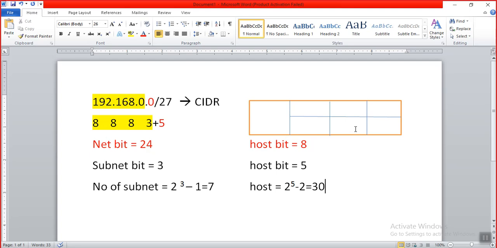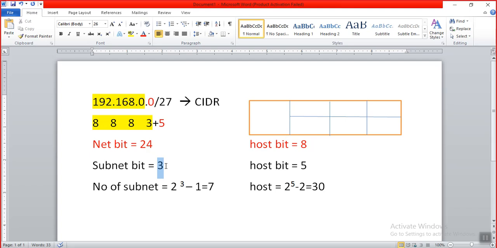So these 7 different rooms are 7 different subnets. Previously it is only one network, flat. Now 7 different subnets are there, and in each subnet, that is each room, 30 machines are possible. This is the meaning of this.